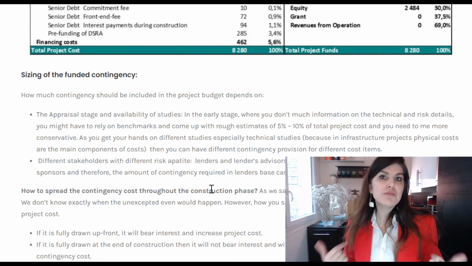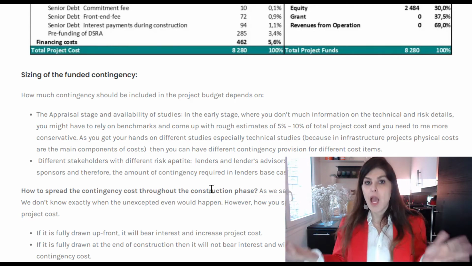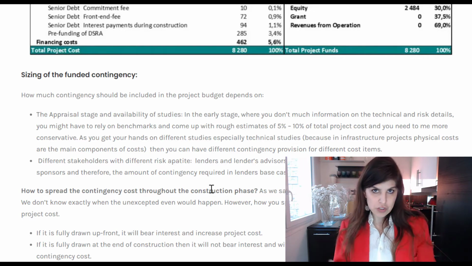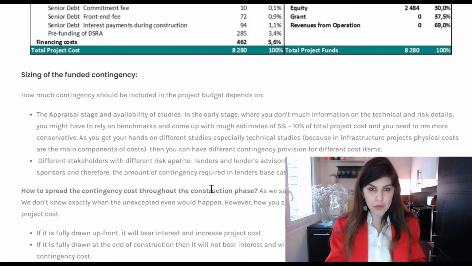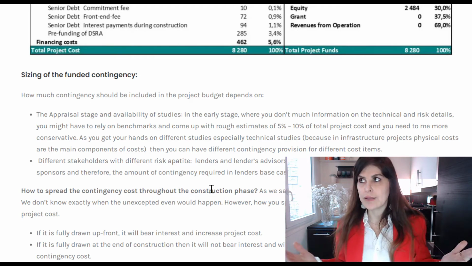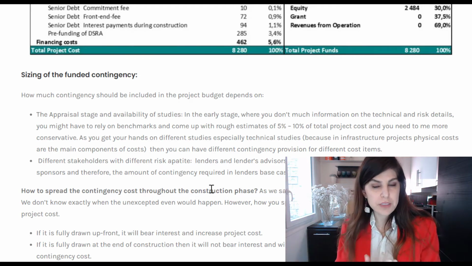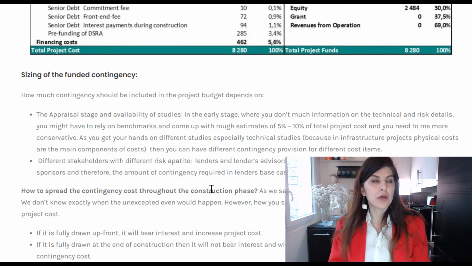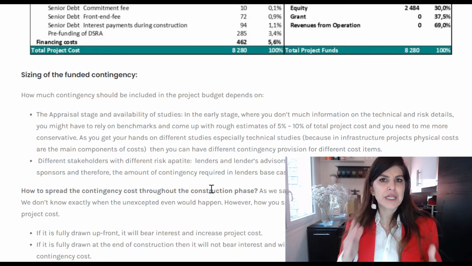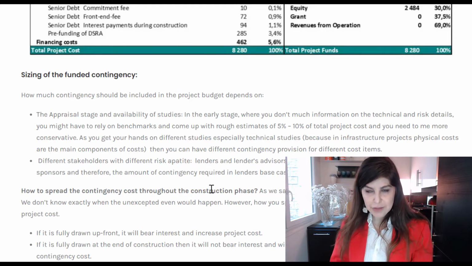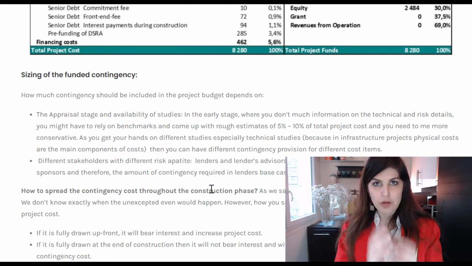So at that stage, maybe you want to be more conservative and include a higher contingency. And lenders will also have that approach at the beginning when they come into the deal. They say, okay, we don't yet have a firm EPC price. We haven't signed the contract with the insurance provider. So nothing is yet cleared and signed and sealed. So let's have a higher contingency provision.